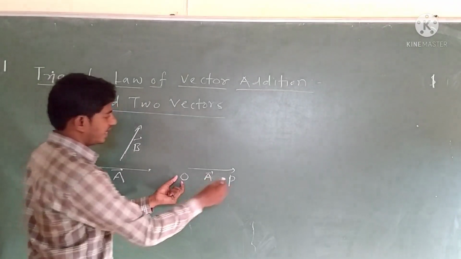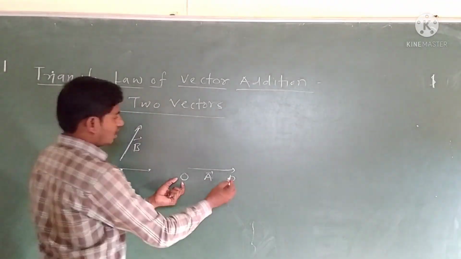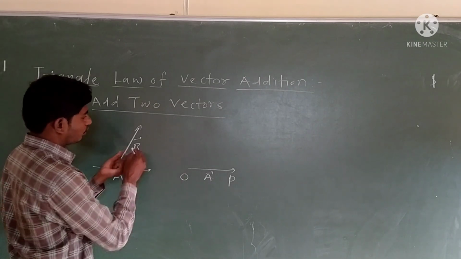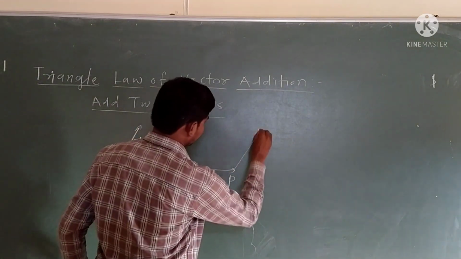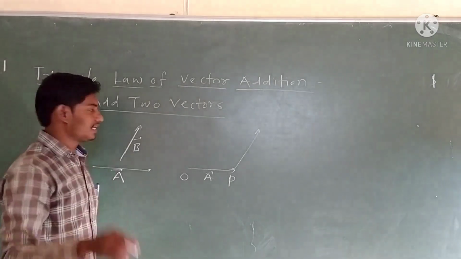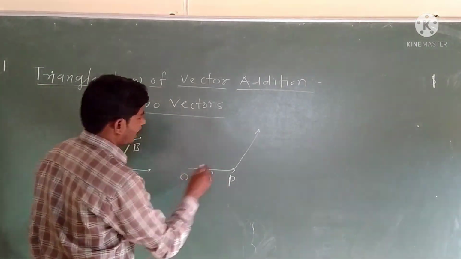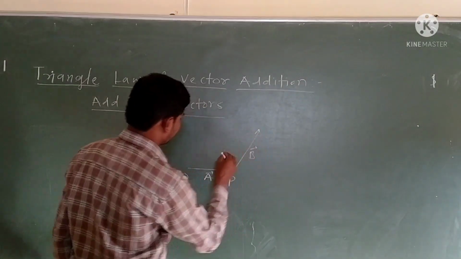Now from the head of P I draw another vector equal and parallel to the B vector. Okay. Now I draw the resultant from the tail of the OP vector to the head of the B vector.